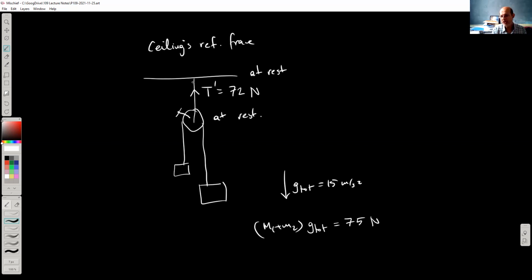In that case, the tension in that upper string will be equal to the total weight, which is basically 75 newtons in here. But once I remove that nail in here, and then the pulley starts rotating, in which case these are going to accelerate up and down. In that case, the tension in the upper part of the string becomes smaller.